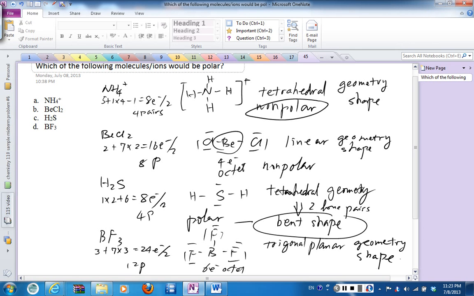And trigonal planar shape with 3 non-central atoms being the same would always give us a non-polar molecule, and that's what we expected. So the correct answer here is C, H2S. This would be a polar molecule.